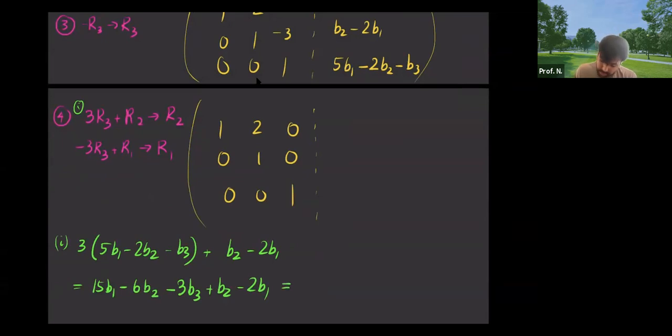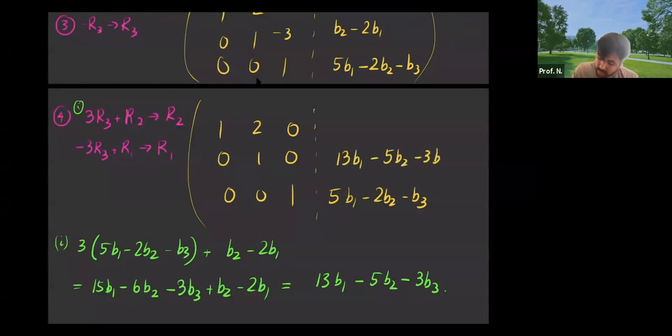When I add this together, what do I get? I get 13b1 minus 5b2 minus 3b3. So this is 5b1 minus 2b2 minus b3, and this becomes 13b1 minus 5b2 minus 3b3.